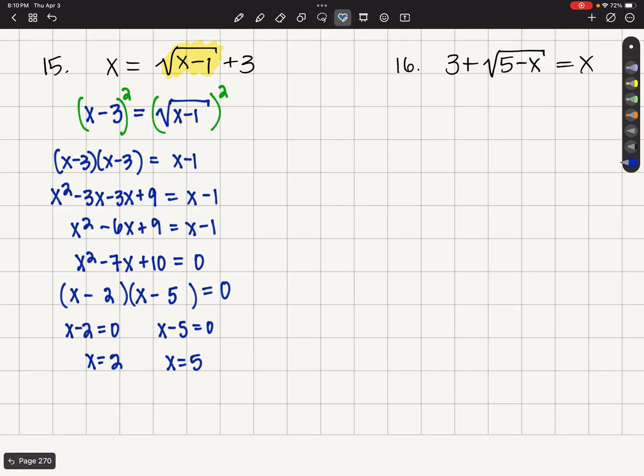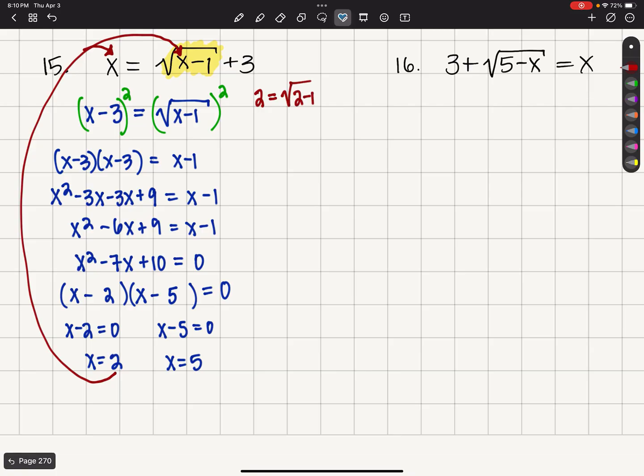But what have we been doing at this point for every single problem? We're throwing it back in to make sure that it works. So we're going to have a 2 and a 2 right there. So I'm going to have 2 equals the square root of 2 minus 1 plus 3. 2 equals 1 plus 3.